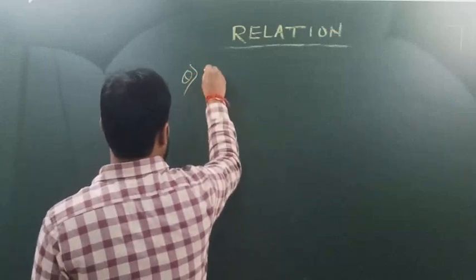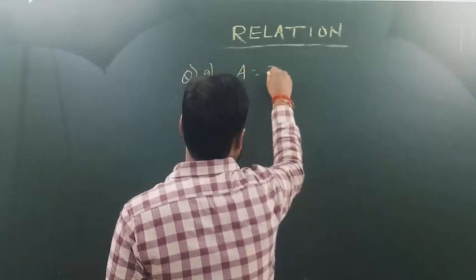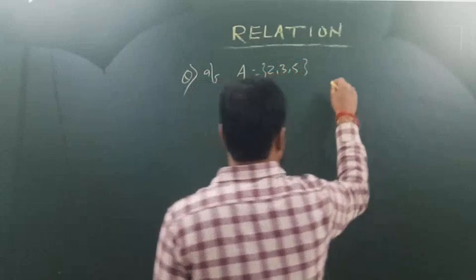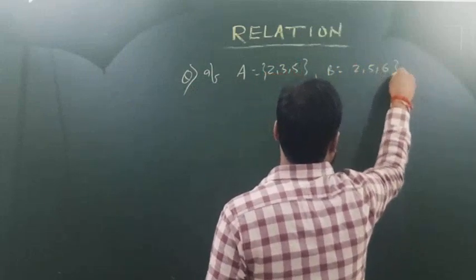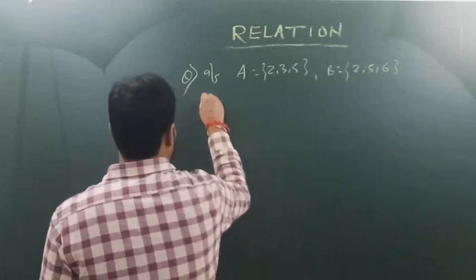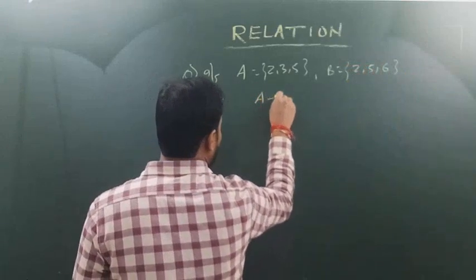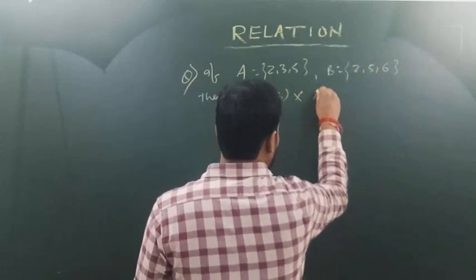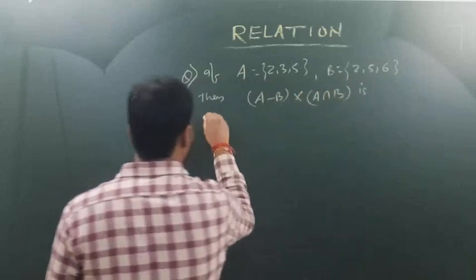The question is: if A equals {2, 3, 5} and B equals {2, 5, 6}, then (A minus B) cross (A intersection B) is. Four options are given.